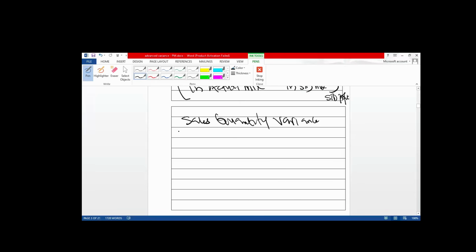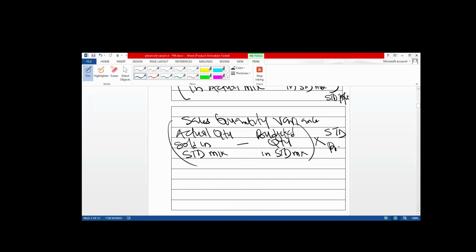Calculated as actual quantity sold in standard mix minus budgeted quantity in standard mix, multiplied by standard profit. We use this to calculate sales quantity variance.